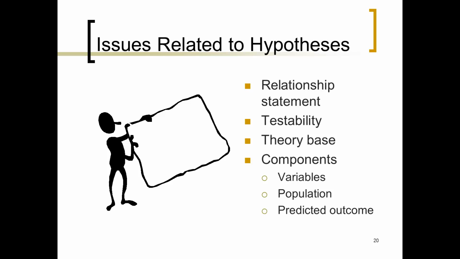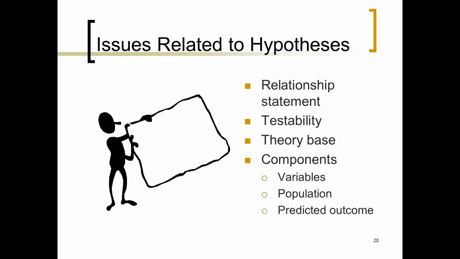Some things with the hypothesis: there needs to be a relationship. You want to have those variables, and say who you're studying, making sure it's testable. I recommend that research is theory-based, that you have some sort of theory in which you are studying. Might be a bigger one like stress theory or adaptation theory.